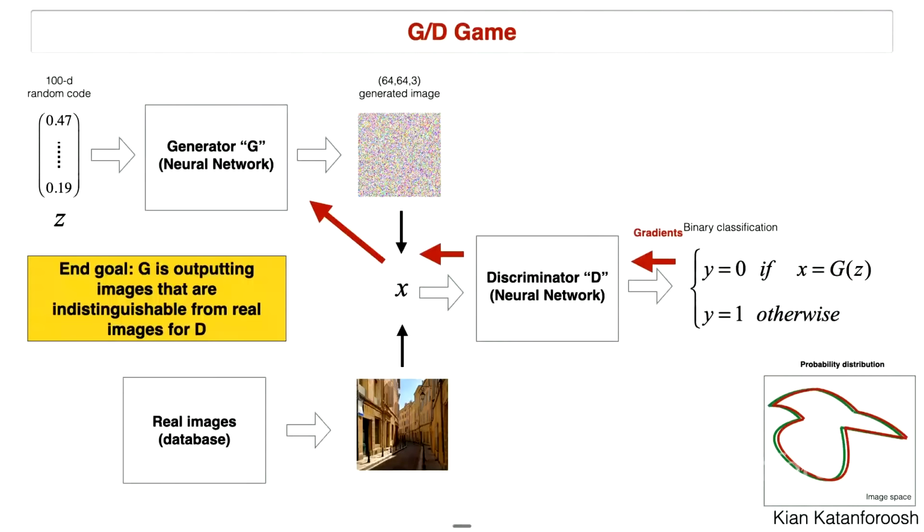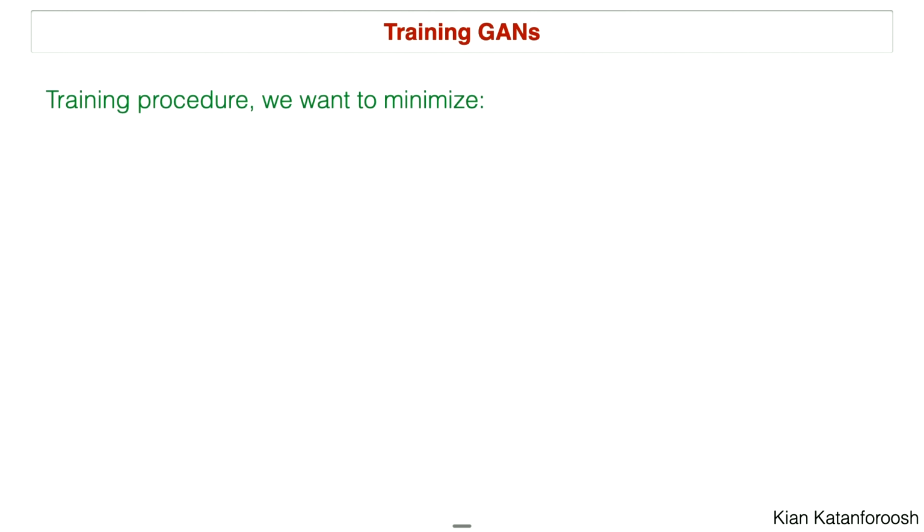Okay. Any question on this seminal GAN framework, the GD game, sometimes called minimax game? So what are our training losses? Because that's what matters. We've seen the setup. Now do we know how it's trained? Well, what would you choose for a loss function for the discriminator, for example?